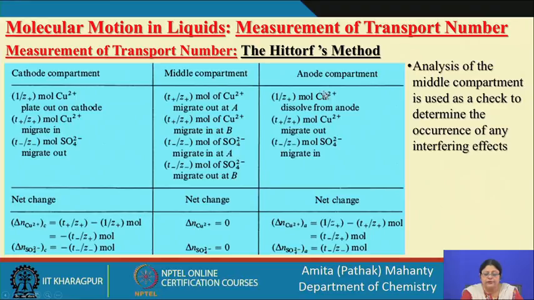So, the total anode concentration which we are going to be looking, we are saying that 1 by Z amount of charge is dissolved. So, what will happen if total current is carried by the T plus ion, then T plus into 1 by Z of moles is migrating out of the anode compartment, and T minus by Z, the total current carried by the anion, that is the sulphate ion, is moving into the anode compartment, that is the B. So, now take note of what are the changes which have happened.